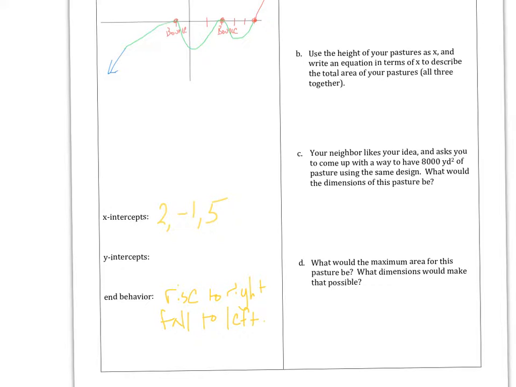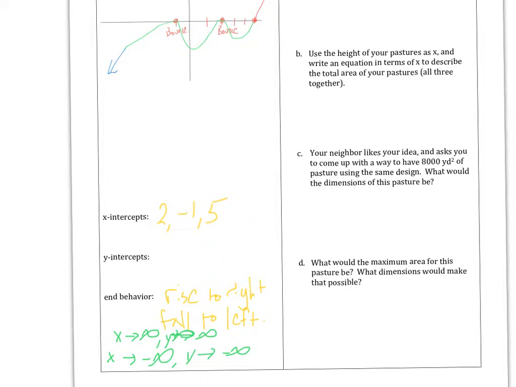That would be totally fine. If you'd like to do the approaching notation, this would be x approaches infinity, y approaches infinity. I can't write today. And this would be as x approaches negative infinity, in other words, goes to the left, y approaches negative infinity.